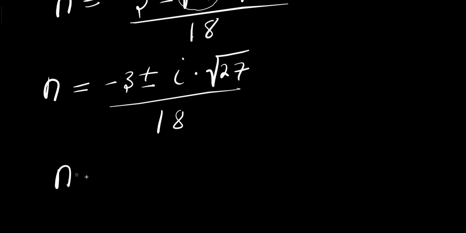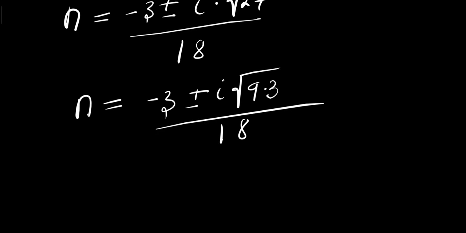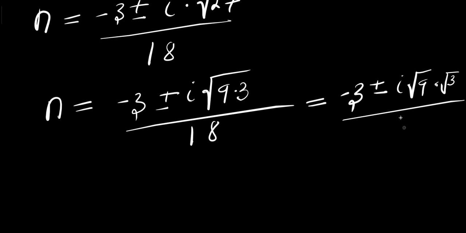So from here we have n equals negative 3 plus or minus i times square root of 27, that is 9 times 3, divided by 18. This equals negative 3 plus or minus i times square root of 9 times square root of 3 divided by 18.